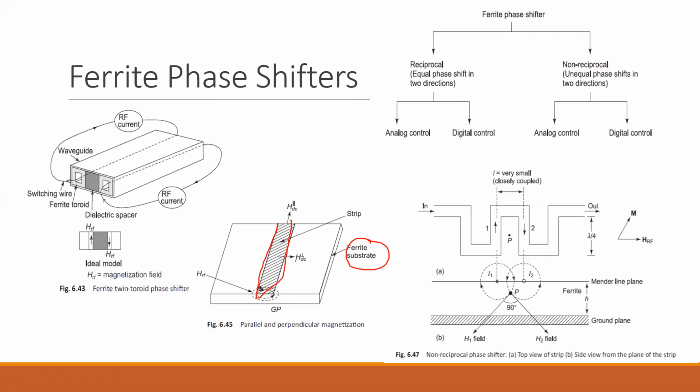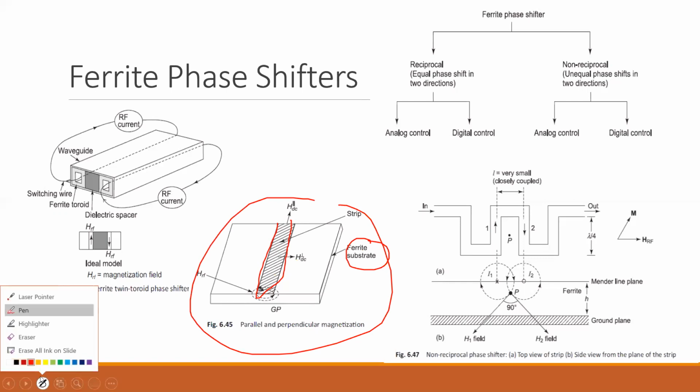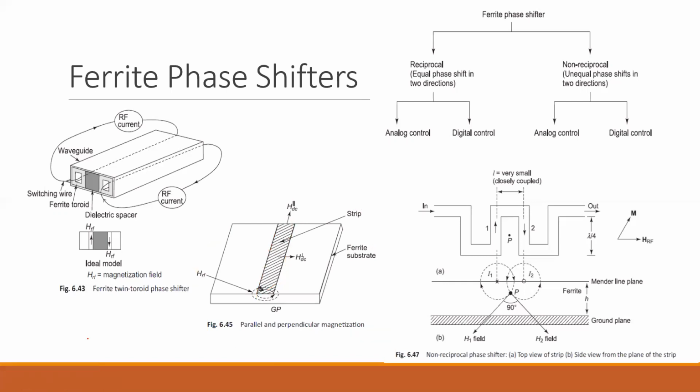Because of the presence of these two elements, whenever you provide an input to this entire element, at the output you get a phase shifted version, and it acts as a reciprocal device, that is, a reciprocal phase shifter.